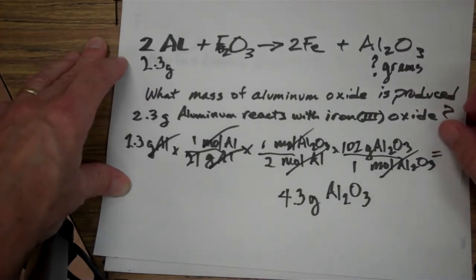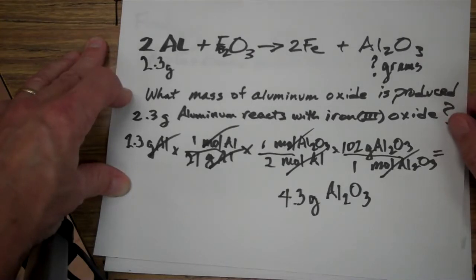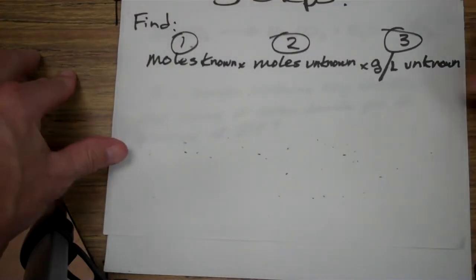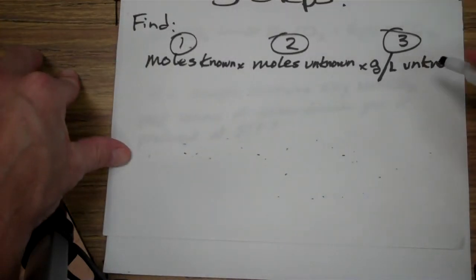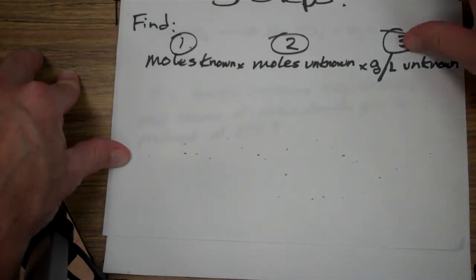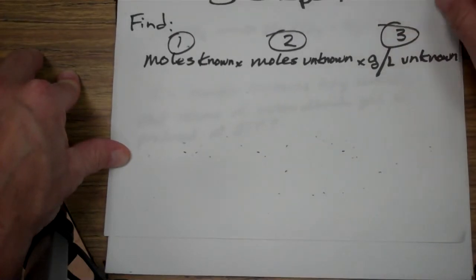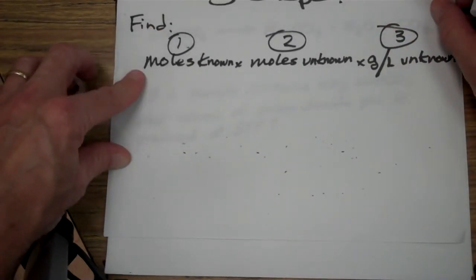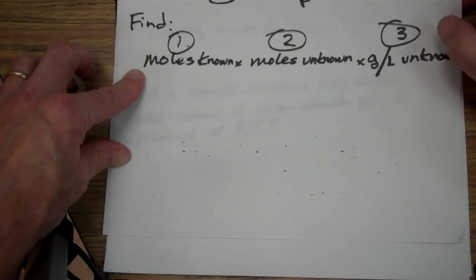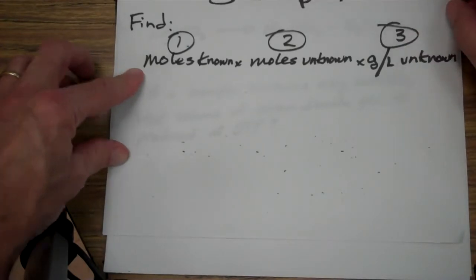Okay, so that's a good example of a mass stoichiometry problem. Now let's try one that is a mass volume. So in this case, our 3rd step is we're going to find the liters of an unknown. So again, our 3 steps are finding moles of known, finding moles of unknown, and step 3, finding liters of unknown in this case.